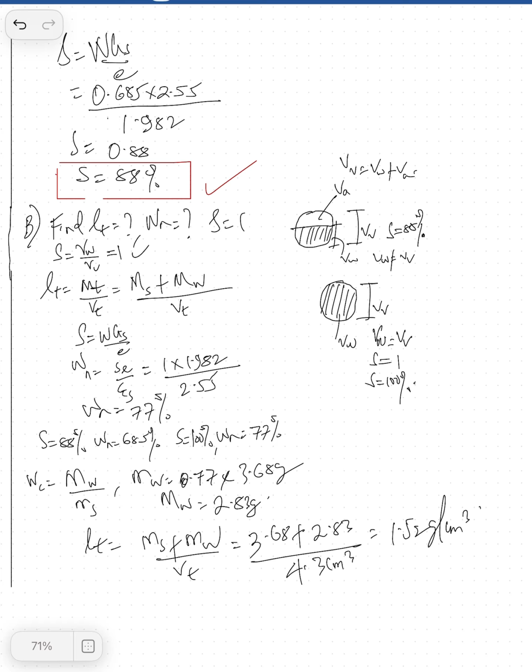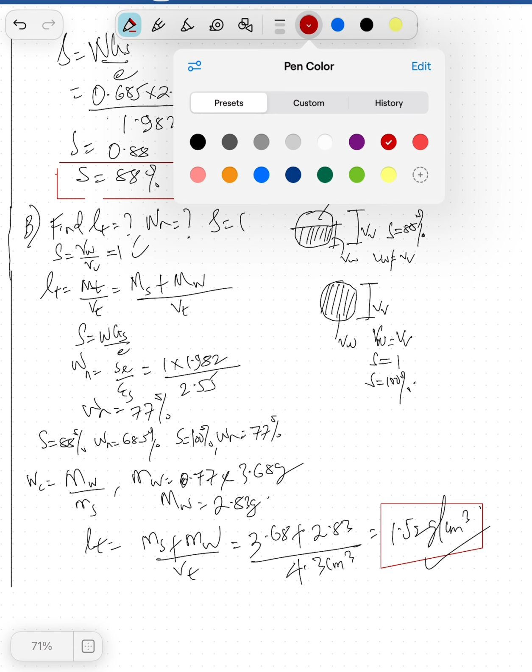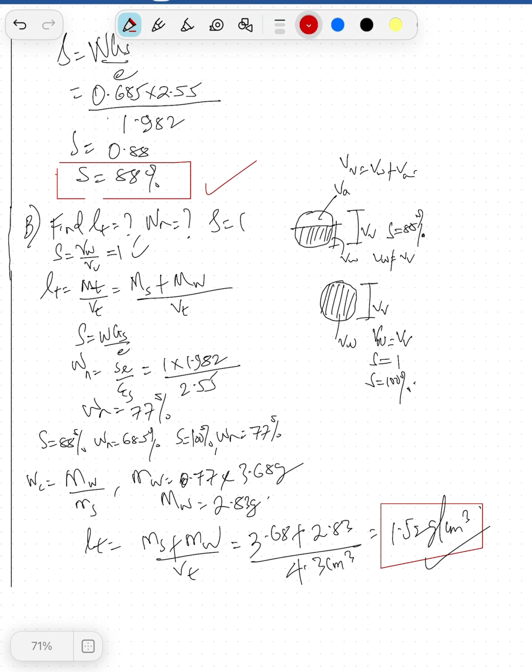We also already found the water content, which we know. That's our total density, and this is the water content due to the increase in degree of saturation.